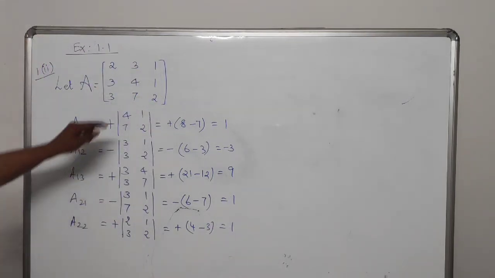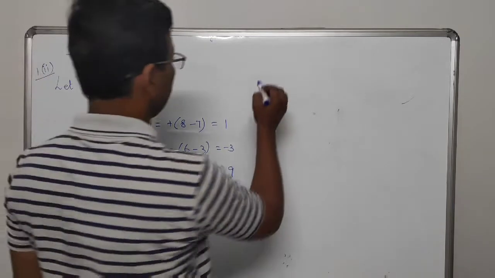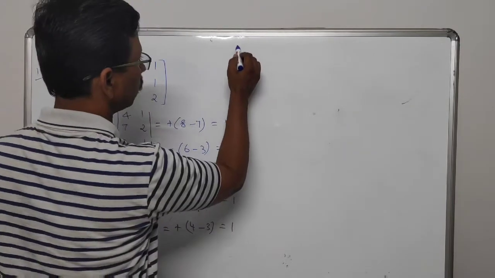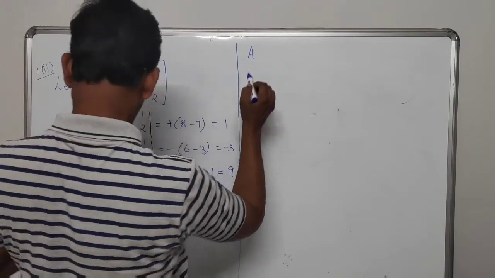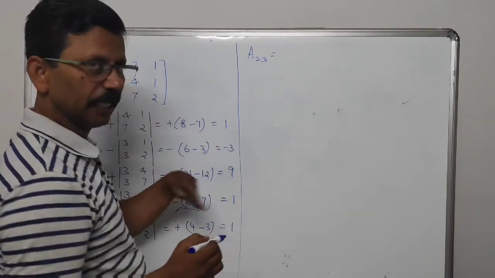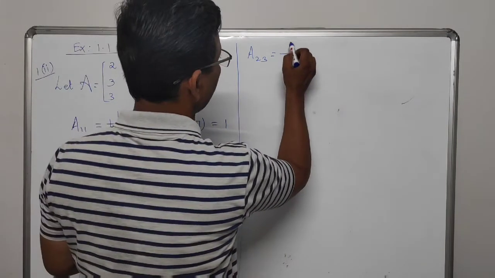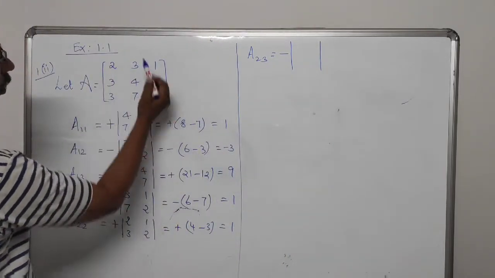Next we can find the cofactor of second row, third column element, that is denoted by A23. 2 plus 3 equal to 5 is an odd number. Hence we can assign minus sign. Then we can find the 2 by 2 minor by leaving second row, third column.